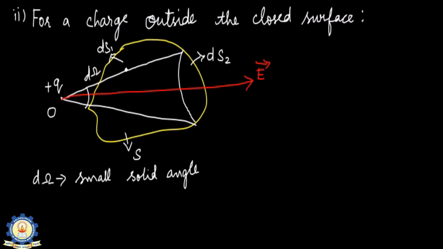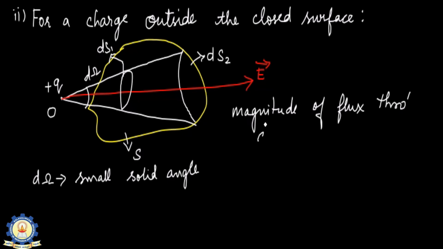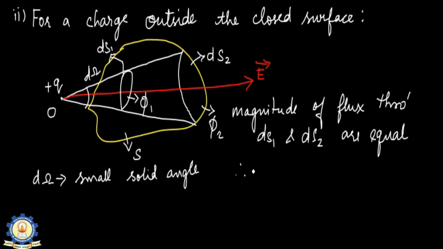However, the magnitudes of the flux through ds1 and ds2 are equal. Therefore, let phi1 and phi2 be the fluxes in each surface. Now we can calculate the total flux phi to be the sum of phi1 and phi2.